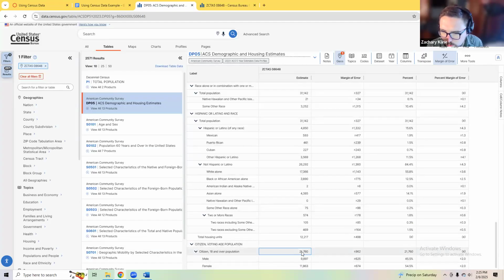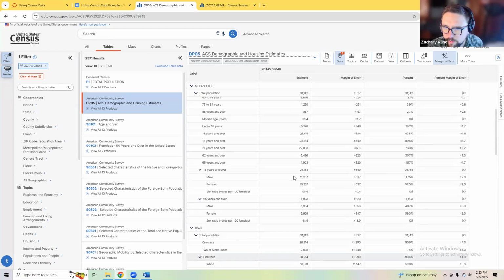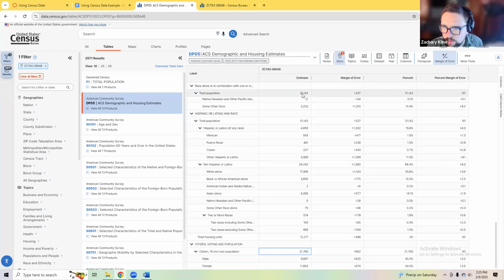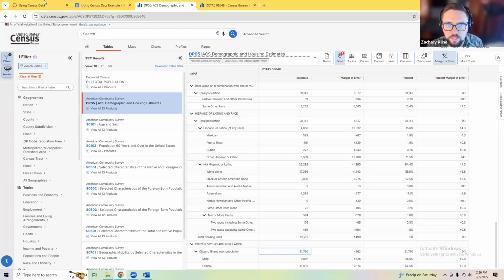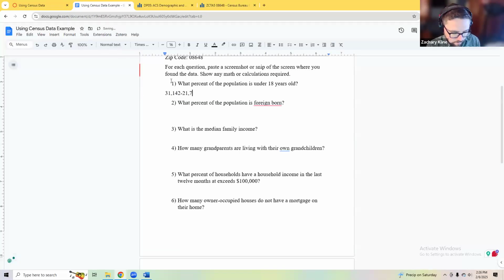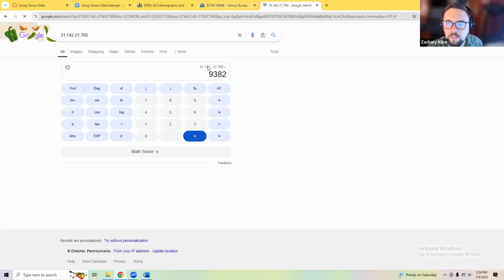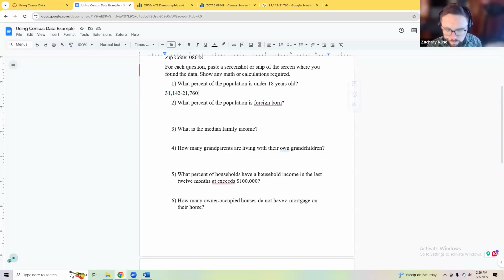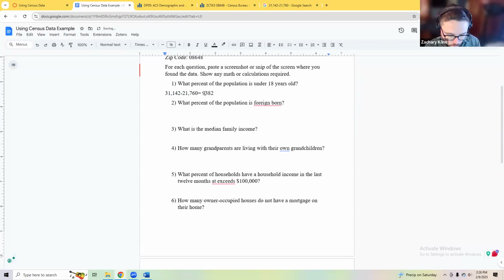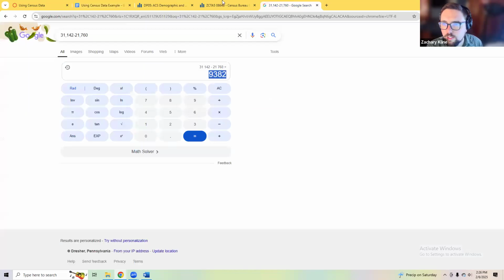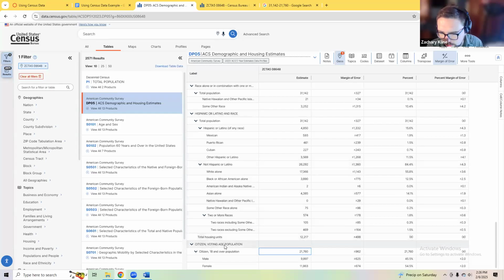So what we could do is, we know there's 21,760 that are over, and a total population of 31,142. We could do 31,142 minus 21,760. Get 9,382. So there are 9,382 folks in this township that are under the age of 18.